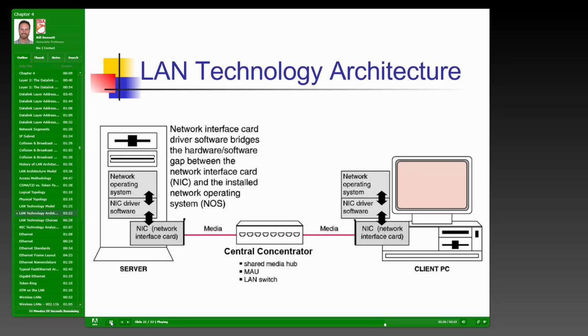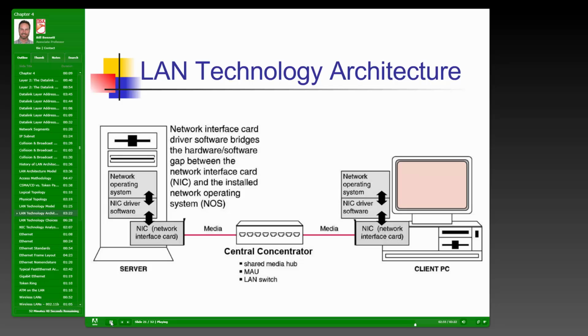And then the central concentrator is going to forward it to the appropriate media on its way to the destination. And then at the destination network interface, we're going to convert the light or the electricity back into recognizable zeros and ones that can be processed at the data link layer.